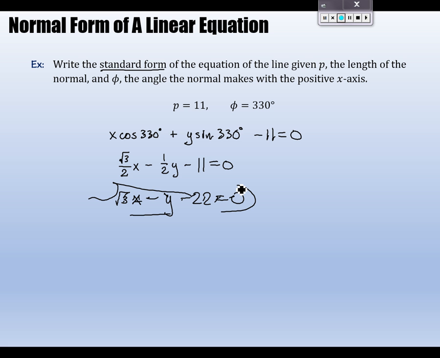Root 3x minus y minus 22 equals 0 would be a great way to write this. If you want to multiply by root 3, you could, I guess. I don't know what the rules are. It's not necessarily possible to make a an integer always. I think that's a little artificial, but this is maybe prettier. So we'll call ourselves done with standard form.